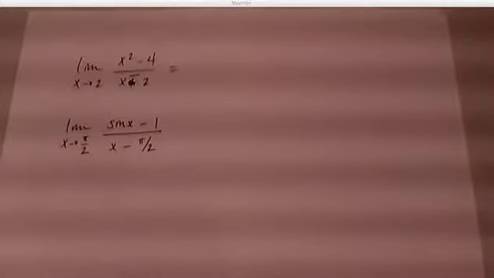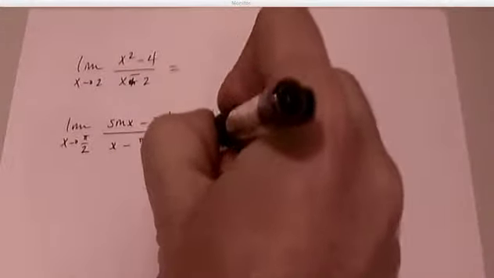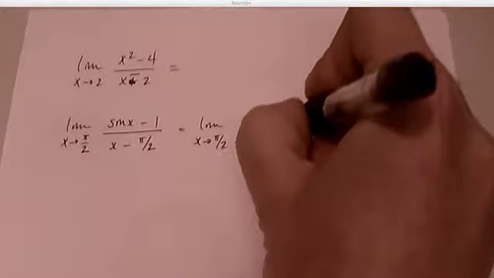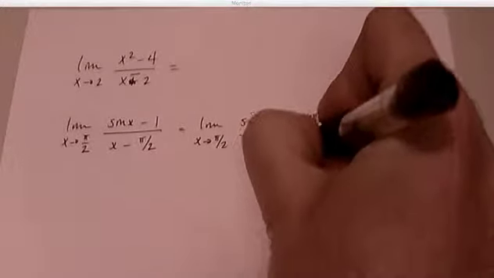We just did, okay? But what if you were given the limit as x approaches pi over 2 of sine x minus 1 over x minus pi over 2? That's a little bit more difficult, unless you recognize that this is indeed the limit as x approaches pi over 2 of sine x minus sine of pi over 2 over x minus pi over 2.